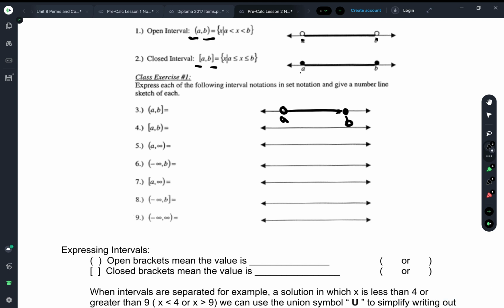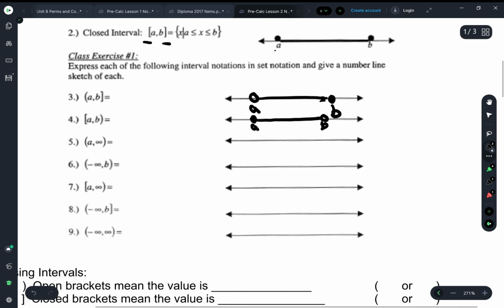Okay, and I have a closed A this time and an open B, like that. Zoom this in a little bit so we can see. Okay, and then we have an open A, and then it goes to infinity. Infinity can never be included because it's not a value.